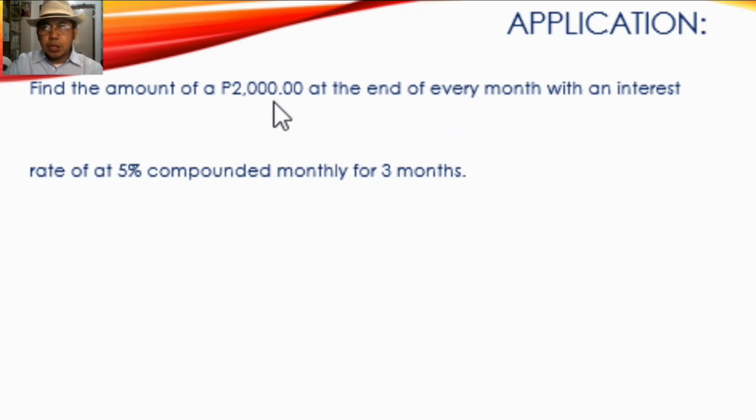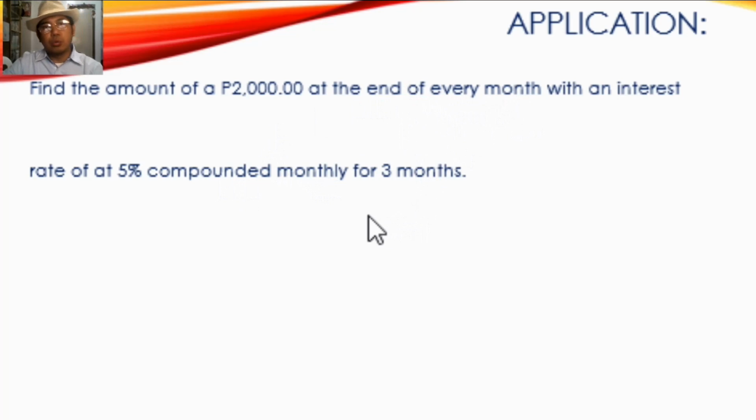Another one is the payment is made every month and compounded monthly. If the payment is made every month, that is the payment interval, and the conversion period is monthly, meaning we are talking of a simple annuity.